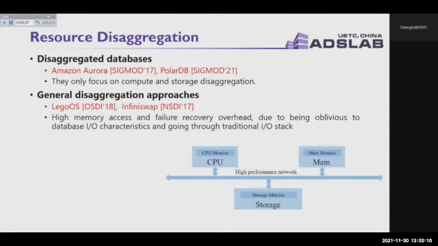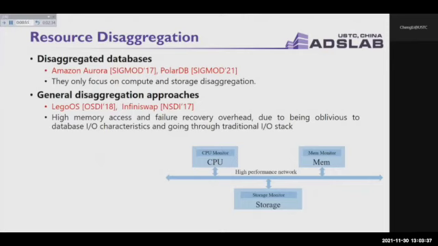Compared to the monolithic setup where resource allocation is within a machine boundary, resource disaggregation allows the CPU, memory, and storage to be connected as a network. So the software can be split and run in multiple places and treat these networked devices as a computer.